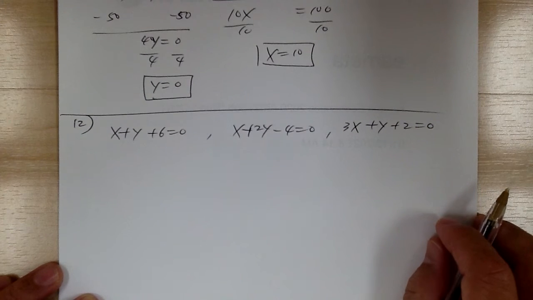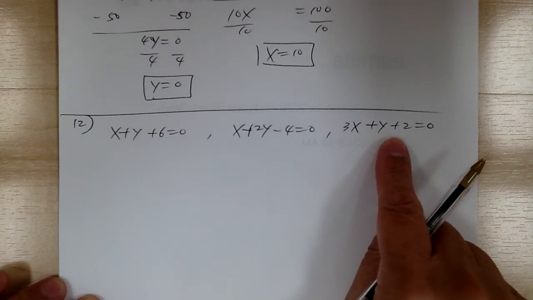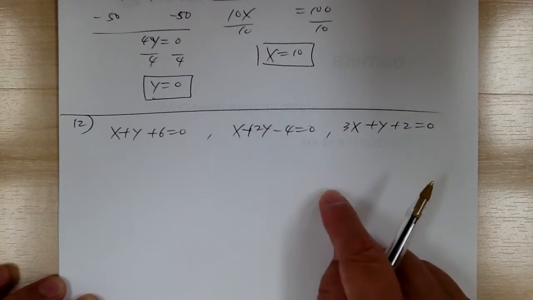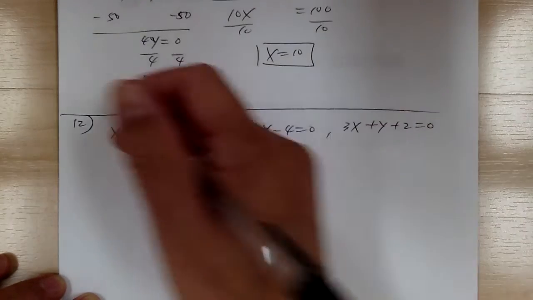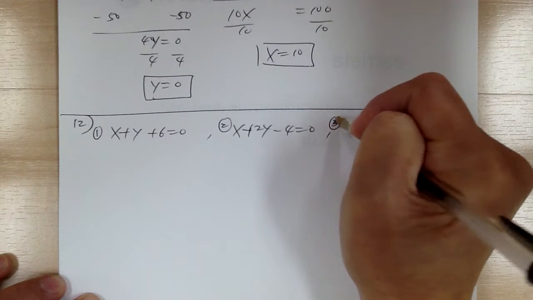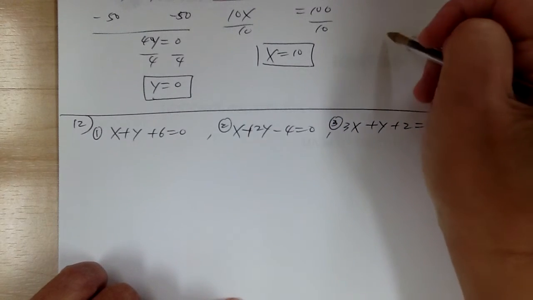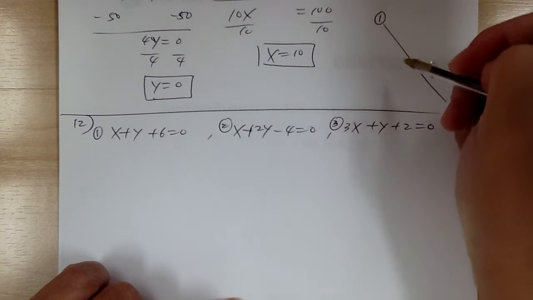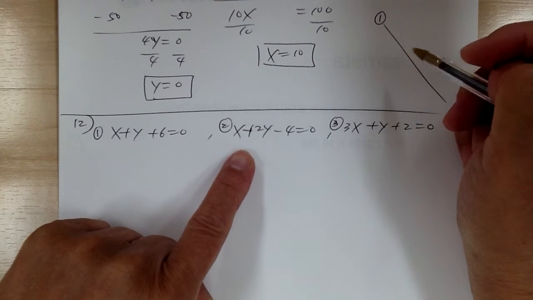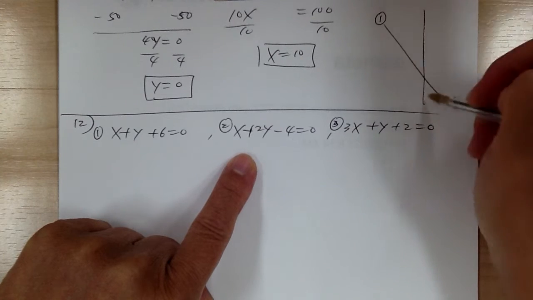So what happens is, when you have 3 equations, you're going to get 3 lines. I'm going to call them 1, 2, 3. So you're going to get equation 1, then equation 2, and equation 3.